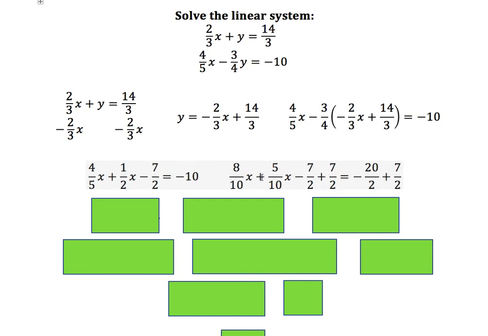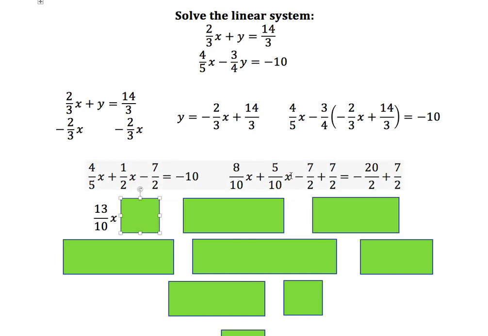I went ahead and got a common denominator here. 8/10 x plus 5/10 x gives you 13/10 times x.